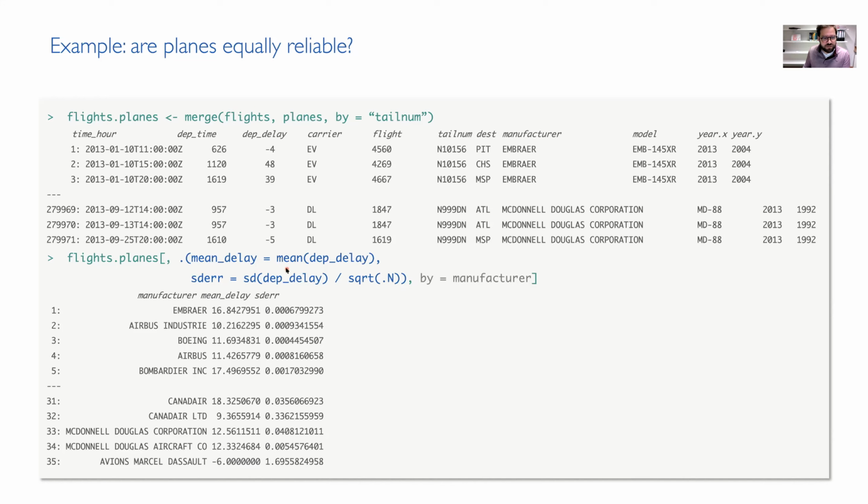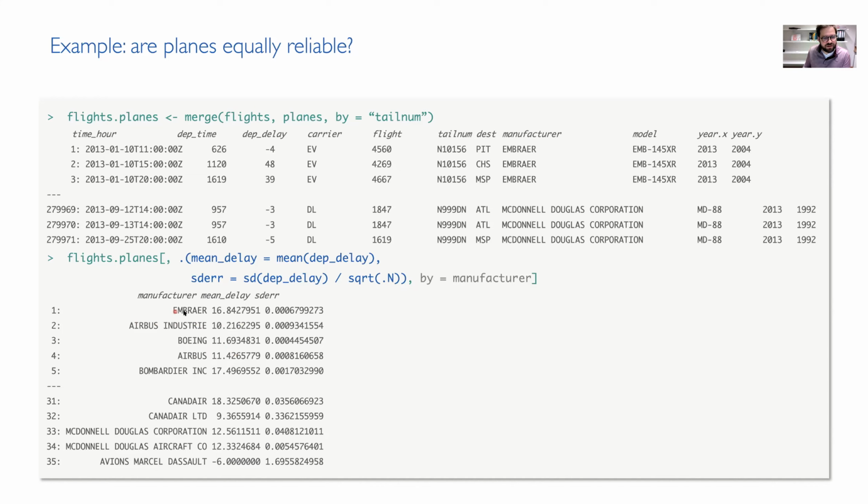And here we see that, okay, so we have here Airbus Industries. I forgot what is actually the outcome of this. Boeing is a little bit later than Airbus. And then we have here two times Airbus. And the problem here is that Airbus apparently changed its name, and one of them is older than the others, and that's why they have different delays.